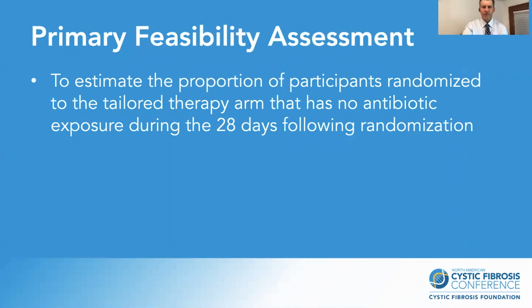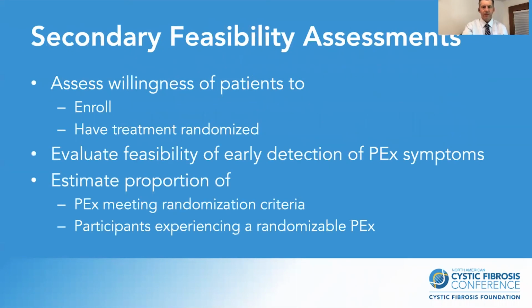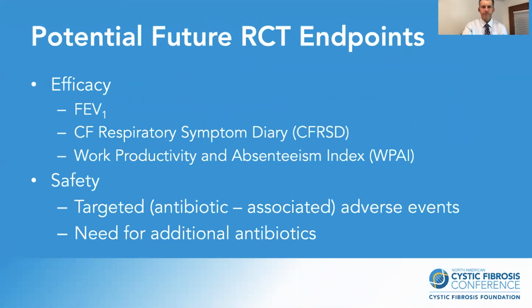Our primary assessment of feasibility and whether we can move on to that future study is to determine if we can avoid antibiotics in the tailored therapy arm during the 28 days following randomization. There are some secondary feasibility assessments: willingness of parents and participants to enroll and have treatment randomized, the feasibility of detecting symptoms early enough to do the randomization, as well as estimating the proportion of exacerbations that meet our randomization criteria and participants who experience a randomizable exacerbation.